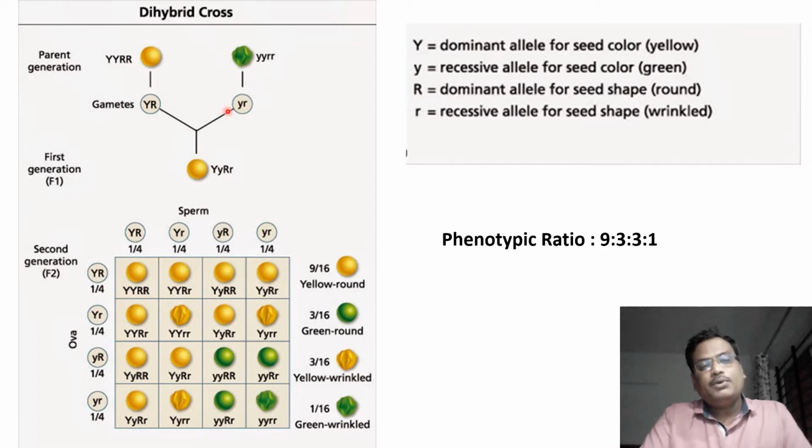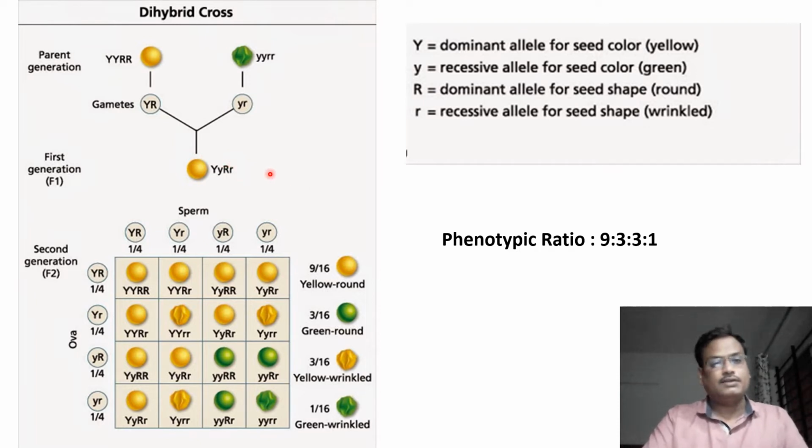And the gametes produced by this individual will be carrying only the small y and small r genes. So when these two are crossed and get fertilized, we will get the F1 generation.